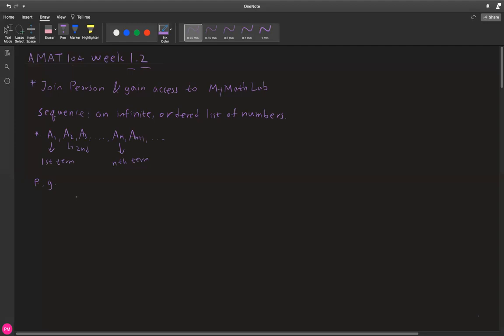Okay, so the sequence described by a nice formula. Let's say a sub n equals 2 to the power of n plus 1.